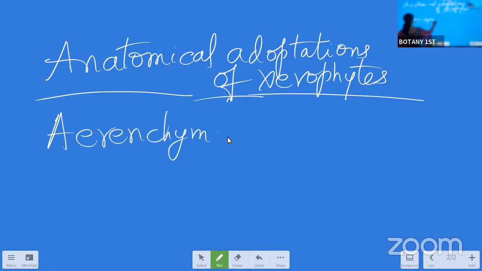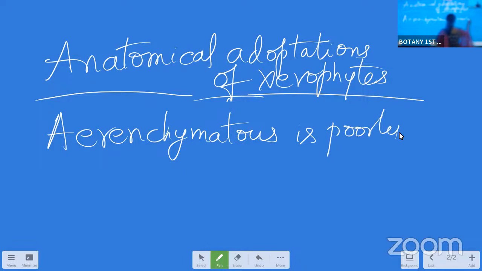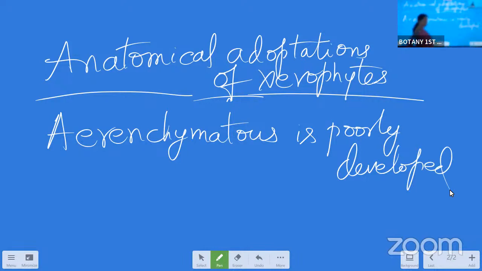Parenchymatous tissue is poorly seen, or poorly developed, or less present. Anything we can say. Parenchymatous tissue is poorly developed.